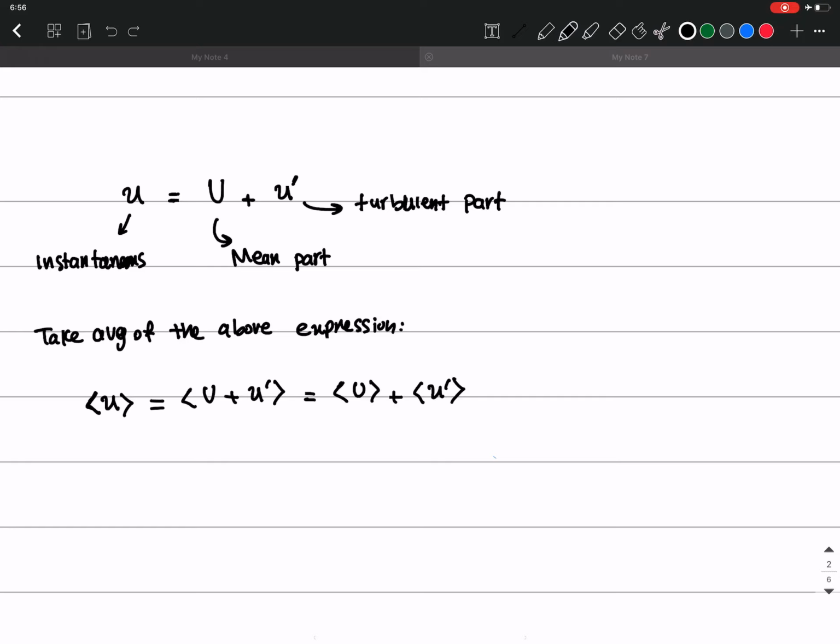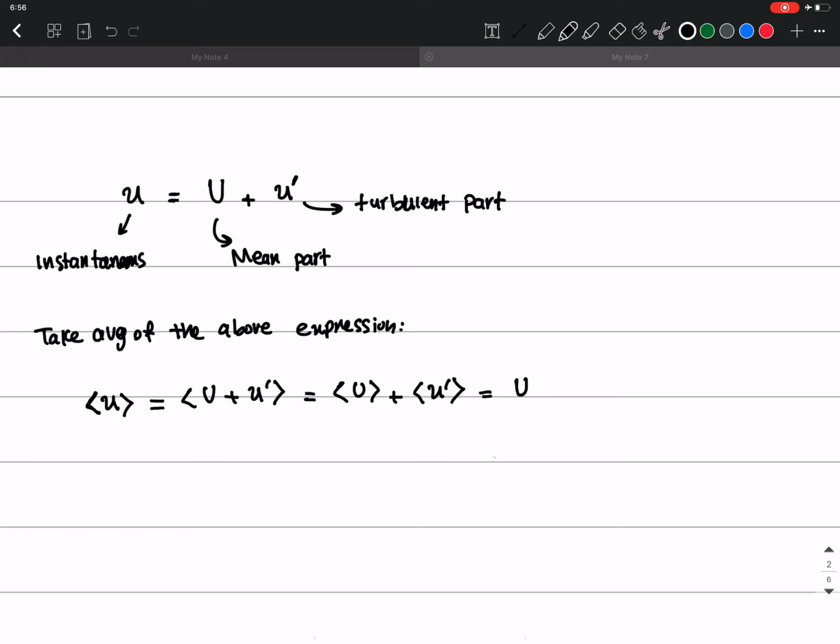The average of the average is just one number, and if you again take the average of that, it's not going to change. So u bar is just u bar.